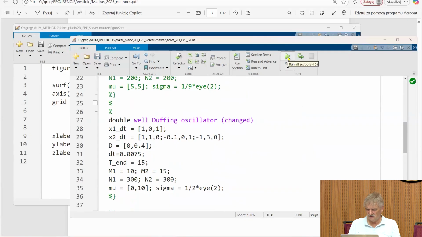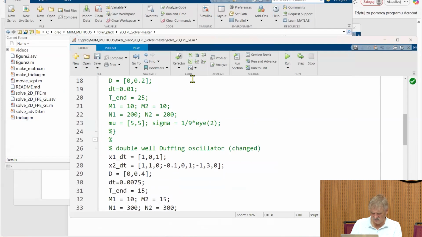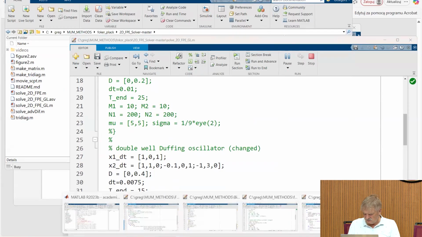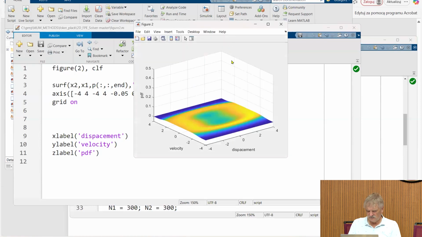So you run this system. This is commented. So once again, it's pretty fast, and you can also show what is the result in terms of the probability density function, and then this is not very big.